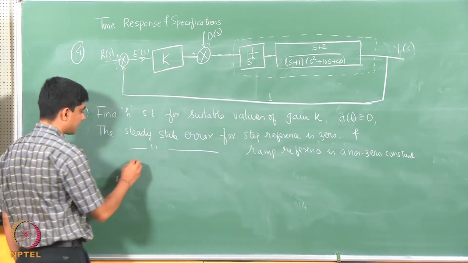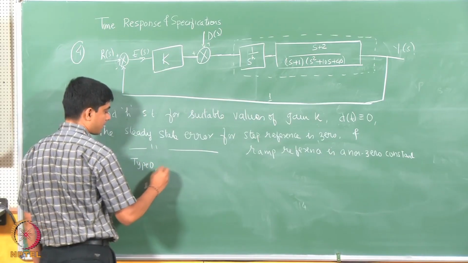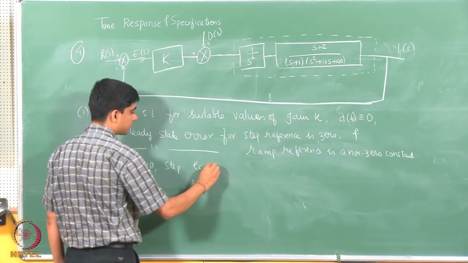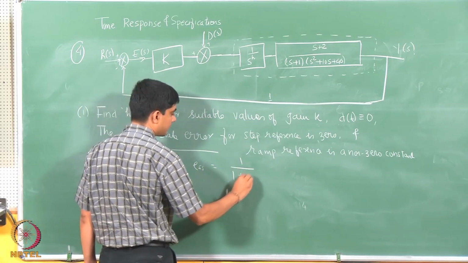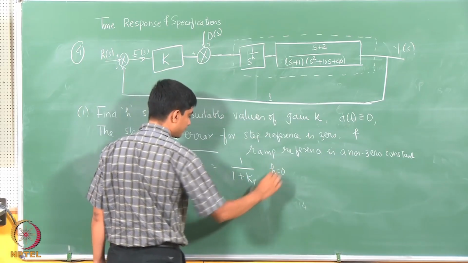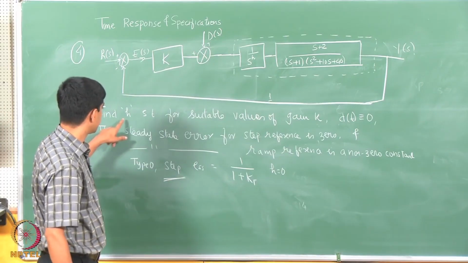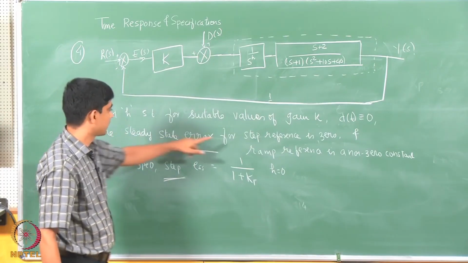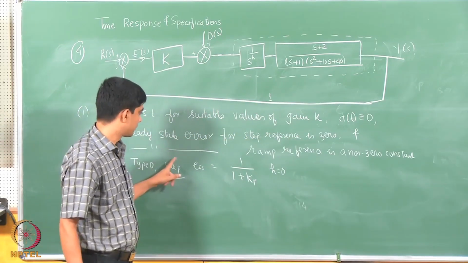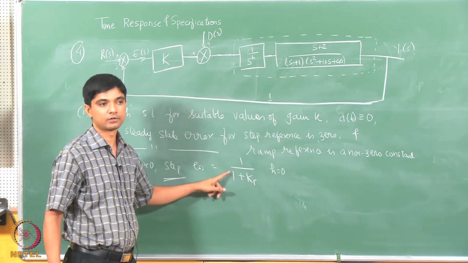Okay. So, let us recollect quickly. If I have a type 0 system and the input being a step, my ESS was 1 over 1 plus Kp. Okay. This was again for h equal to 0, right. So, this step input is what I am looking at, that the steady state error for a step reference is 0. Okay. Now, when h equal to 0, I would have some steady state error, this is not 0.